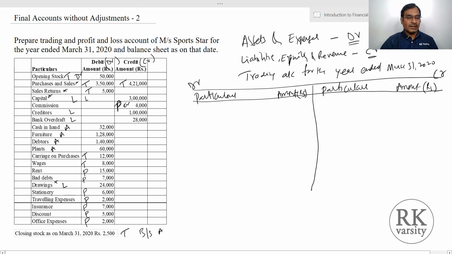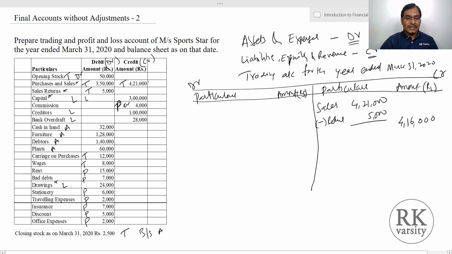Here sales we have 4,21,000, and here there is a star, that means sales has an adjustment, that is the sales returns 5,000. So sales 4,21,000 minus returns 5,000. So this is 4,16,000.